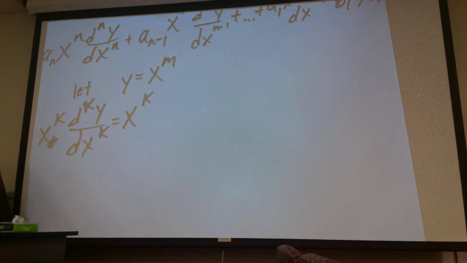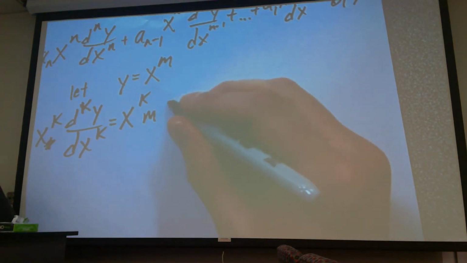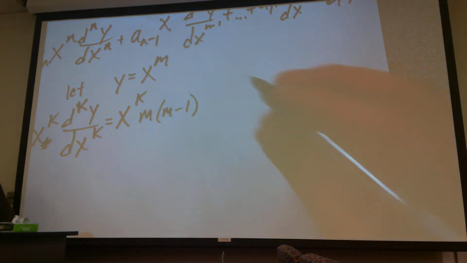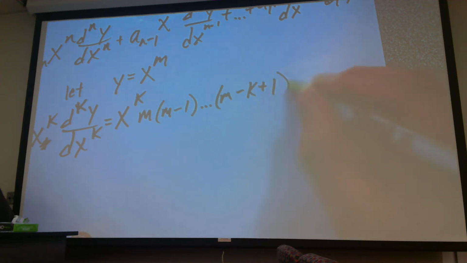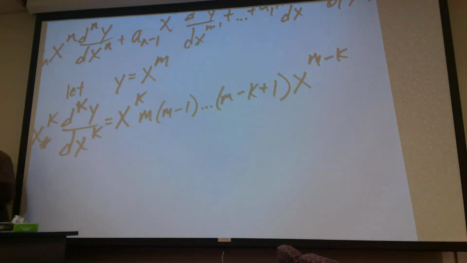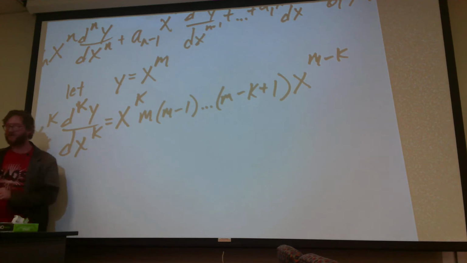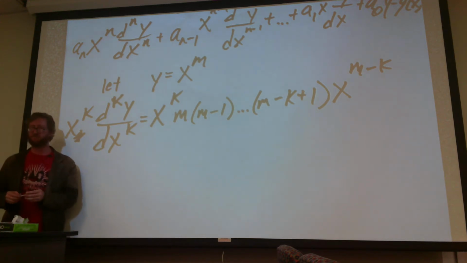But this derivative is going to be m, then m minus 1, and then m minus 2, and then m minus 3, and then dot, dot, dot, all the way to m minus k plus 1, now x to the m minus k. So we took k derivatives. The first derivative takes it down by 1. The second derivative takes it down by 2. If you were talking about the kth derivative, it's going to knock it down by k.